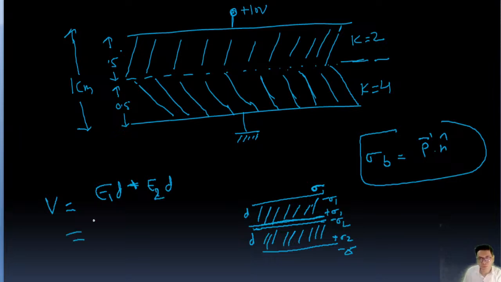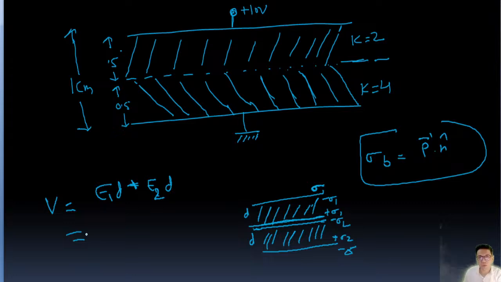And so E1, we know, the surface charge density is sigma. So E1 is sigma upon epsilon 1, and we know that formula, right?